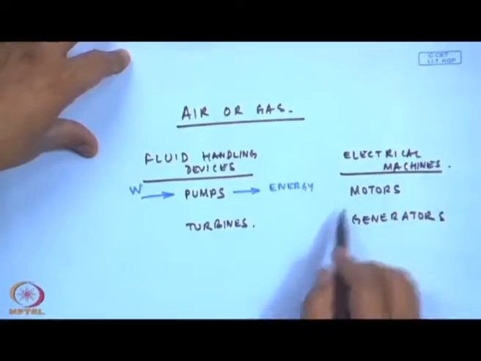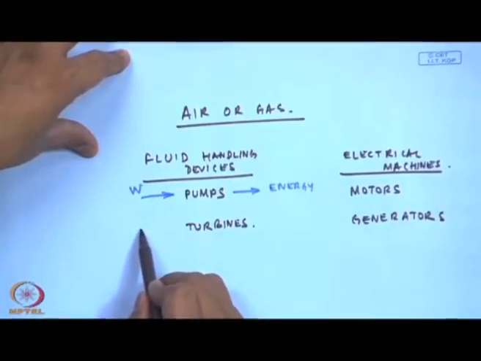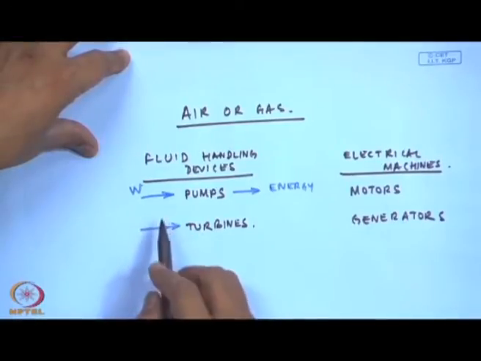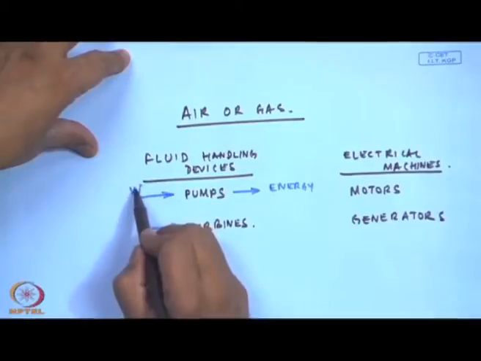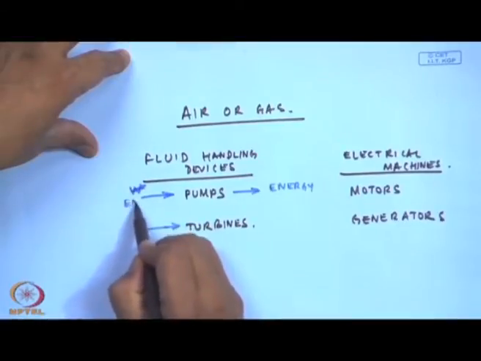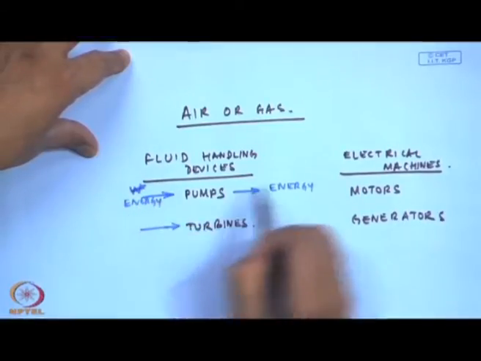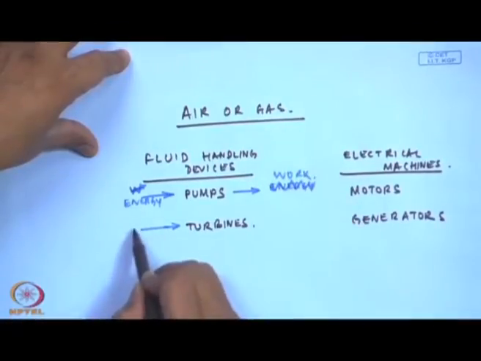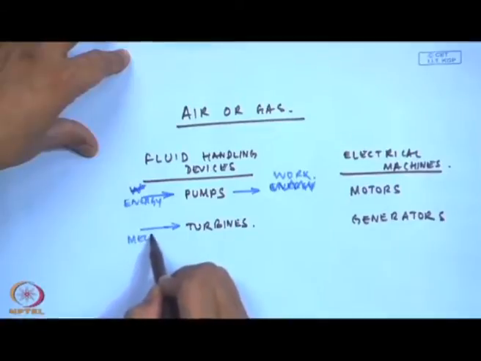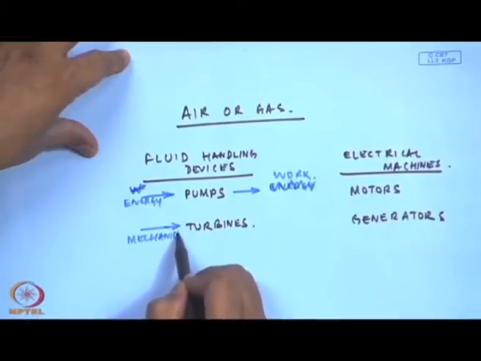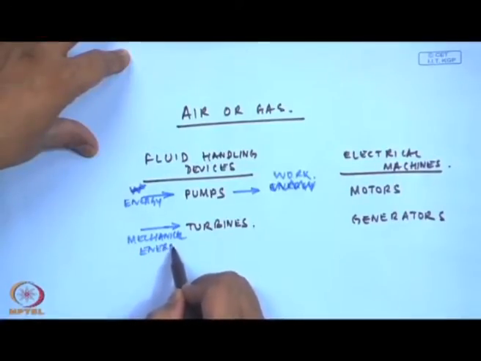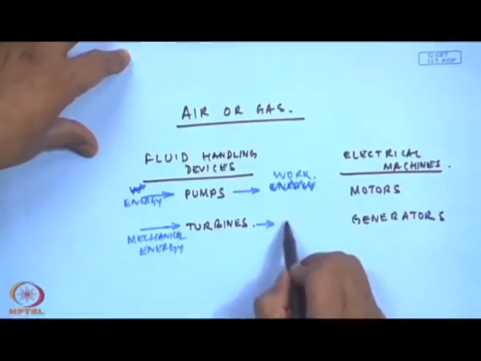In the other case, let me put it this way, we give in some energy to get some work, and here we give some mechanical energy to get an output.